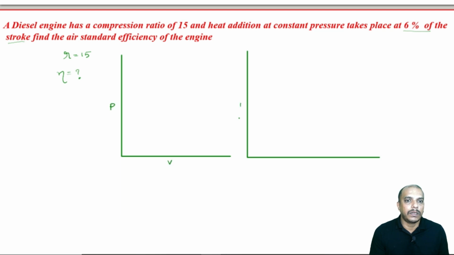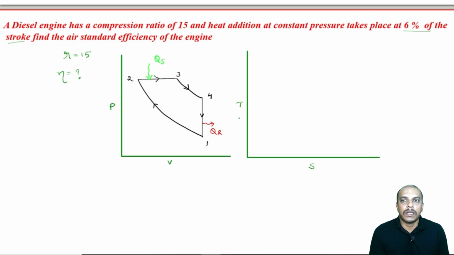We will have first reversible adiabatic compression, then constant pressure heat addition, then again reversible adiabatic expansion, then constant volume heat rejection. So, this is how a diesel cycle looks like, 3, 4. This is where heat is added, and here heat is rejected at constant volume.